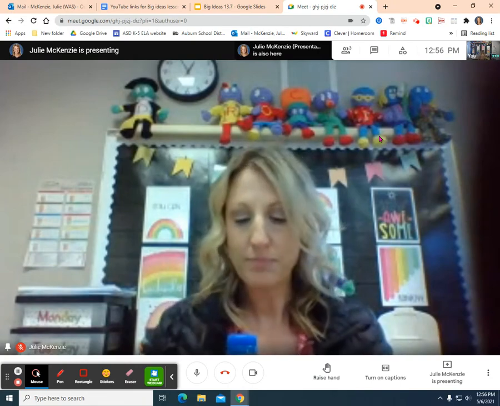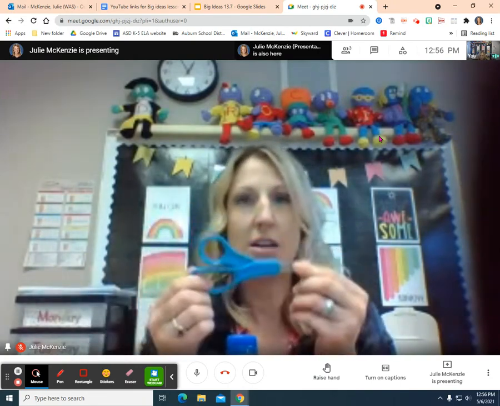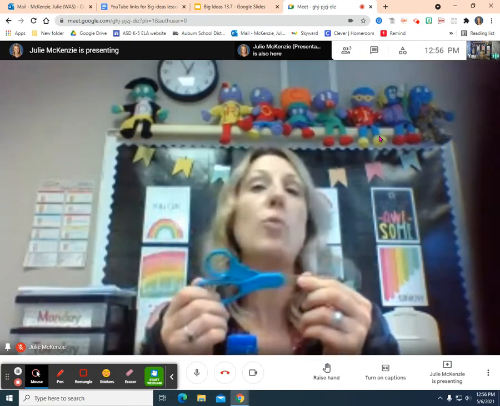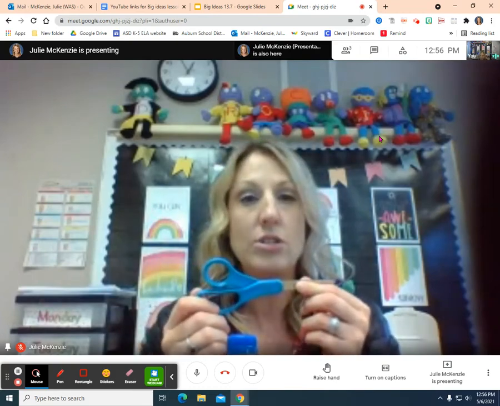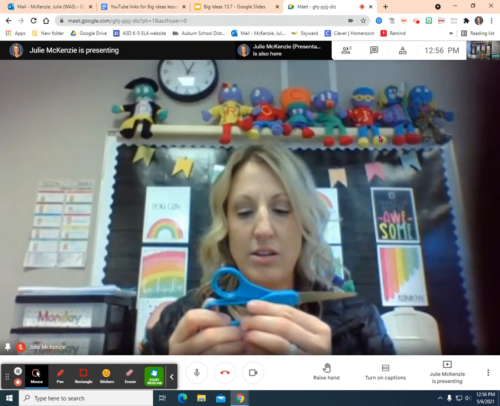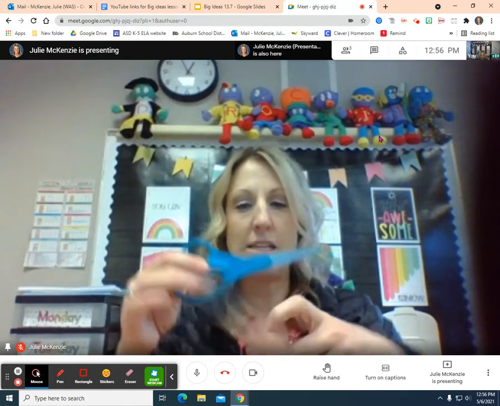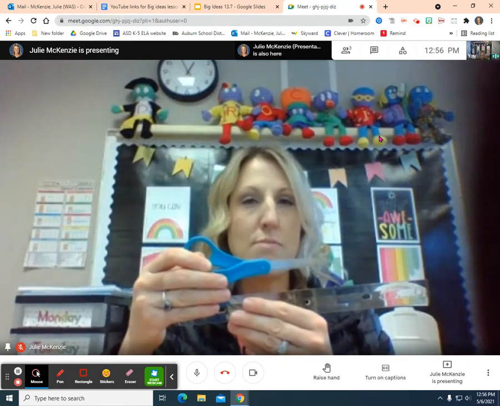Let's see. First thing I have is a pair of scissors. I know my screen's a little bit blurry, but with a pair of scissors, do you think I could measure how long these scissors are? Could I take a ruler and hold it up to my scissors and measure how long they are?